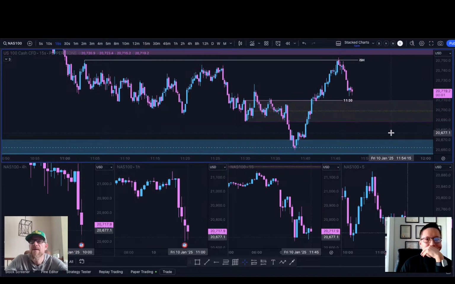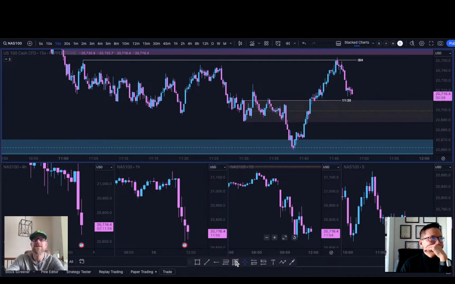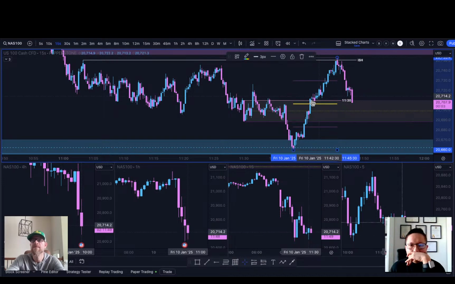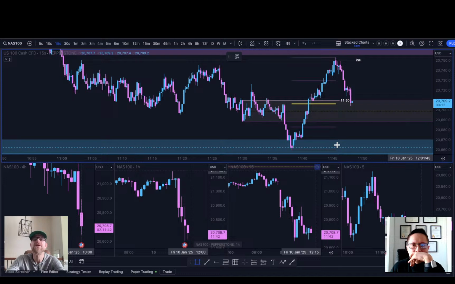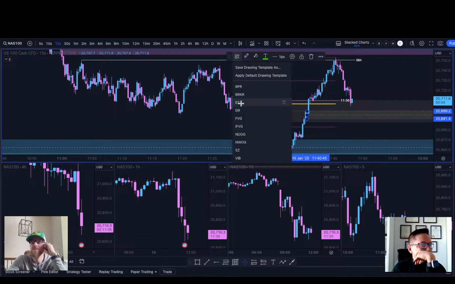Right. But if we look for pullbacks that are in discount, this is inducement. So we need to be inside. That order block could be interesting there. Yeah, this one I do like. It's not been touched.